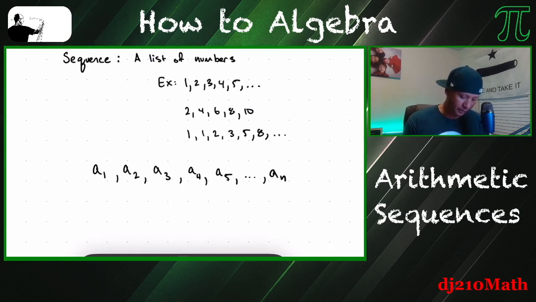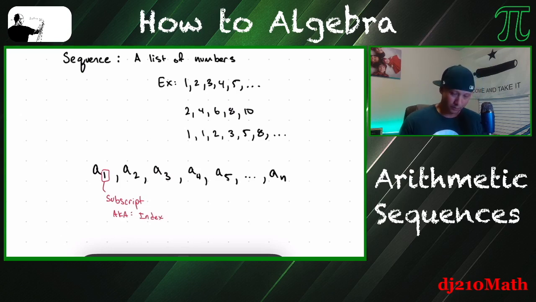And we can use A to represent the real numbers, right? A can be the numbers in the sequence. The subscript is also known as the index.